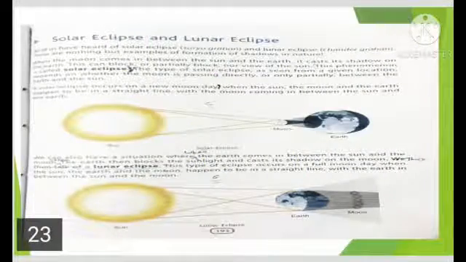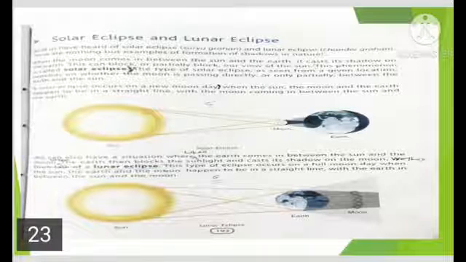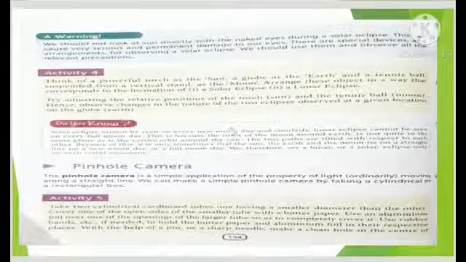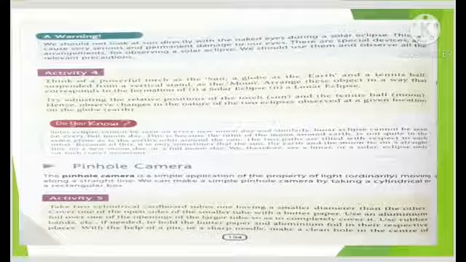And page number 193 is having solar eclipse and lunar eclipse. We will discuss these two beautiful concepts at page number 193, and at page number 194 we will discuss a warning given, activity number 4, and a do you know.